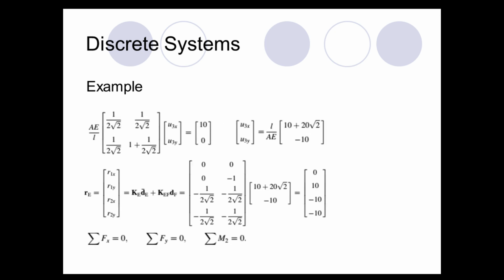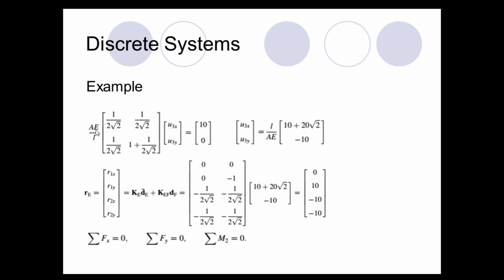Okay, so as a result, since the displacements in the essential nodes are 0, this is what we are going to obtain. So this is the system of equations for the free nodes.